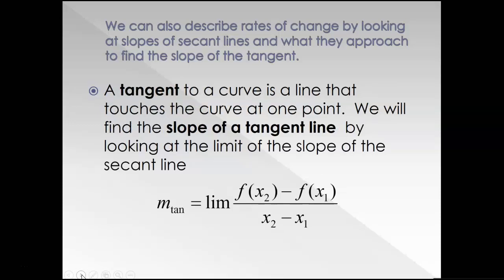A tangent is a line that touches the curve at 1 point. A secant line touches the curve at 2 points. A tangent line touches the curve at 1 point. So a tangent line is the limit as x is approaching x1.